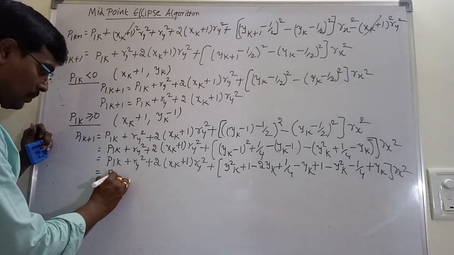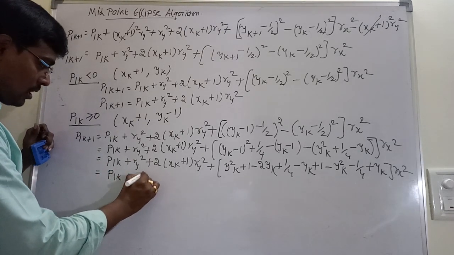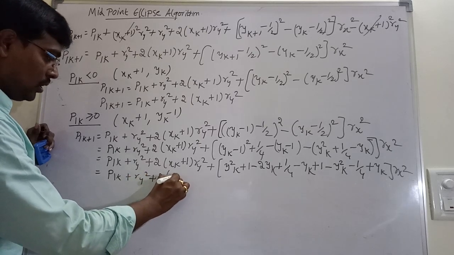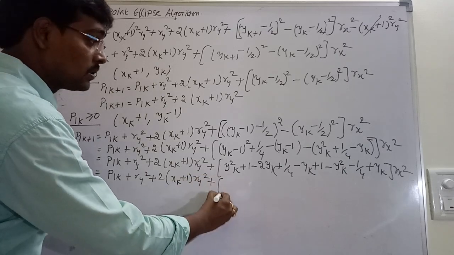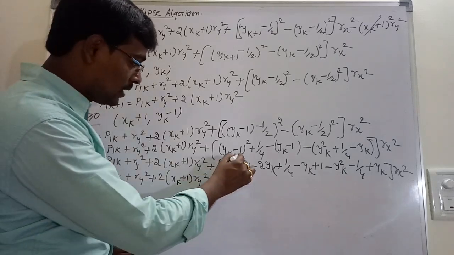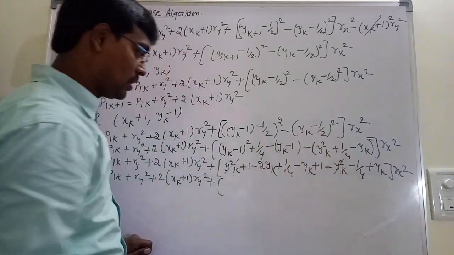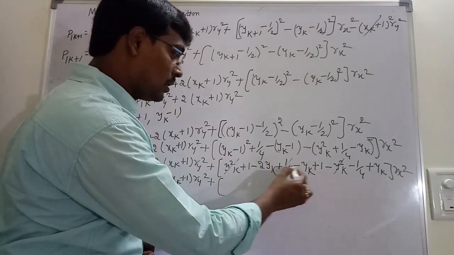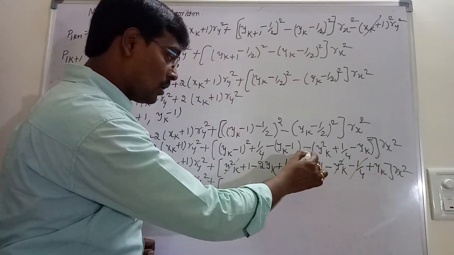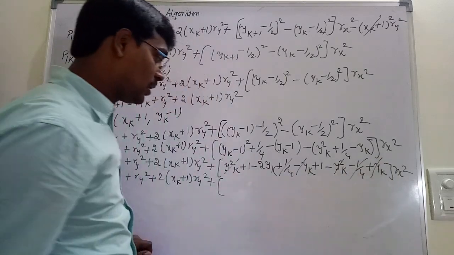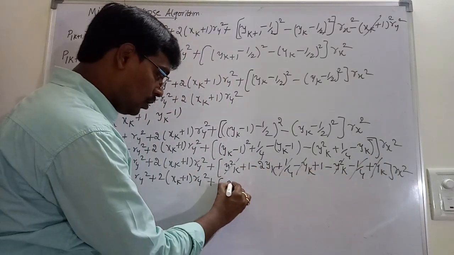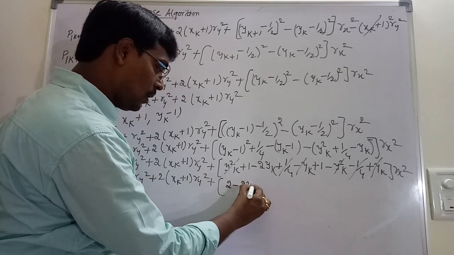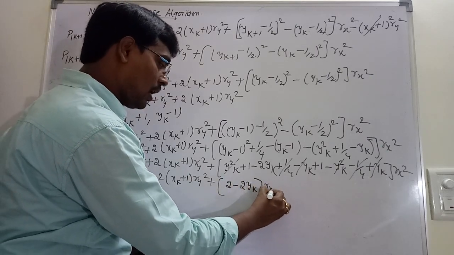And next, p1k plus ry square plus 2 into (xk+1) into ry square. Observe whether any terms are cancelled or not. Y square k is cancelled with y square k. 1 by 4 is cancelled with 1 by 4. Yk and yk, two terms are cancelled. So 1 plus 1, 2, so 2 minus 2yk into rx square.